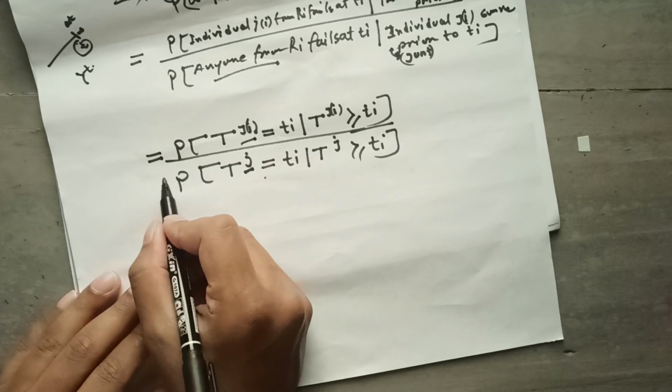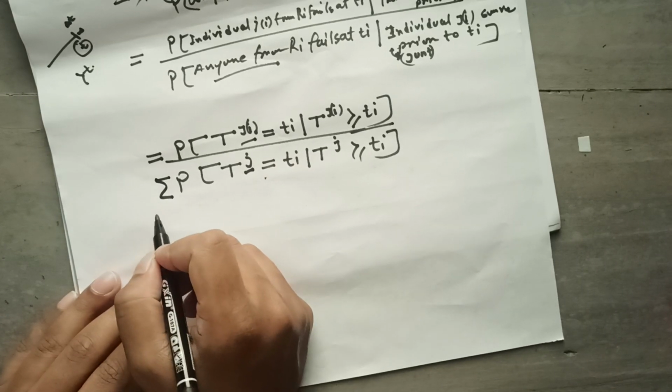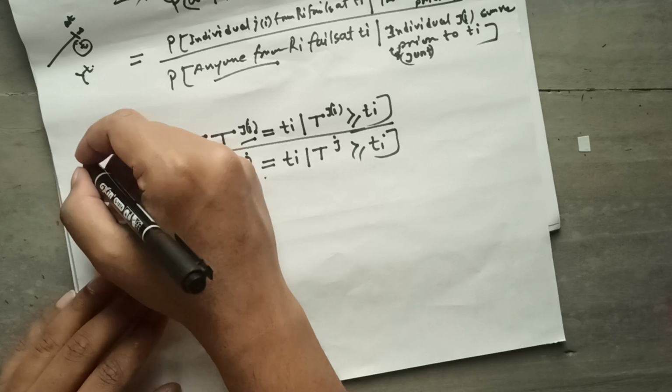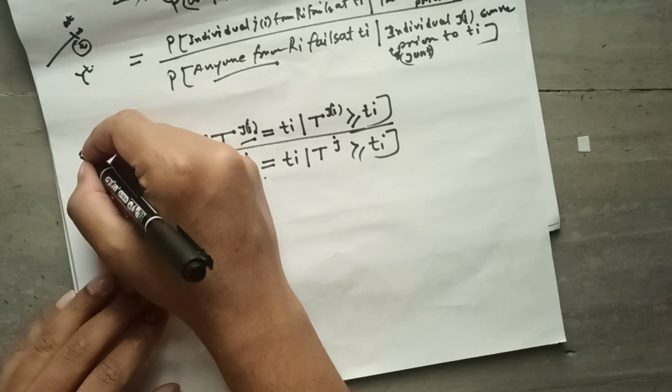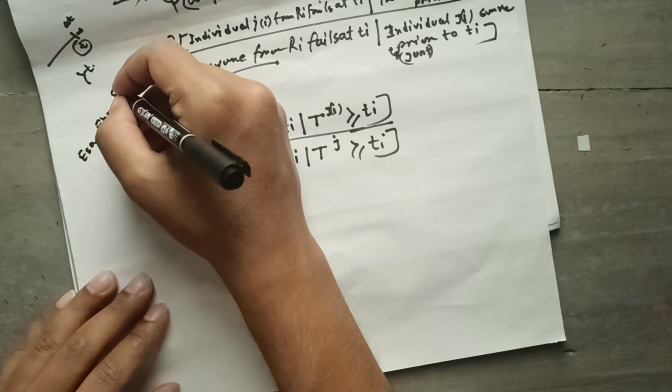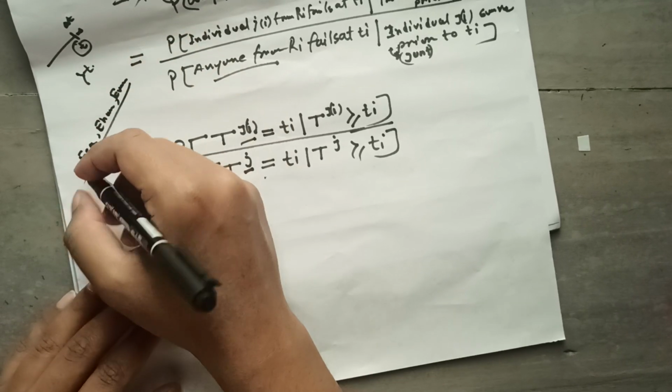So I have to go for the summation, because in the risk set there are individuals up to any number. Suppose I have a risk set of Isa, Ihan, and Ivan. There are three in the risk set.